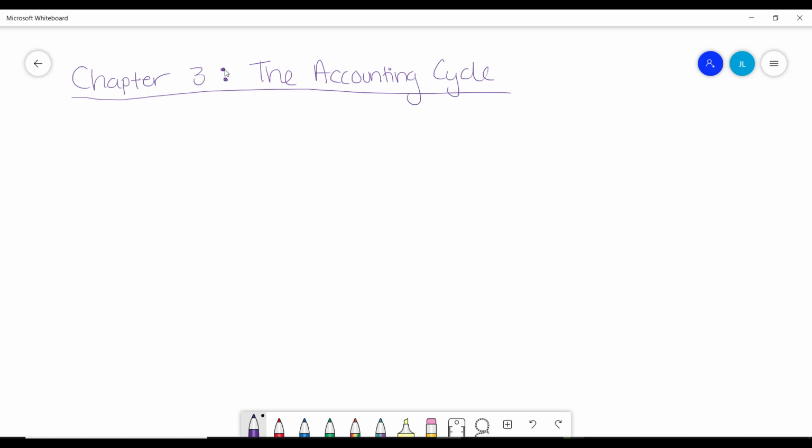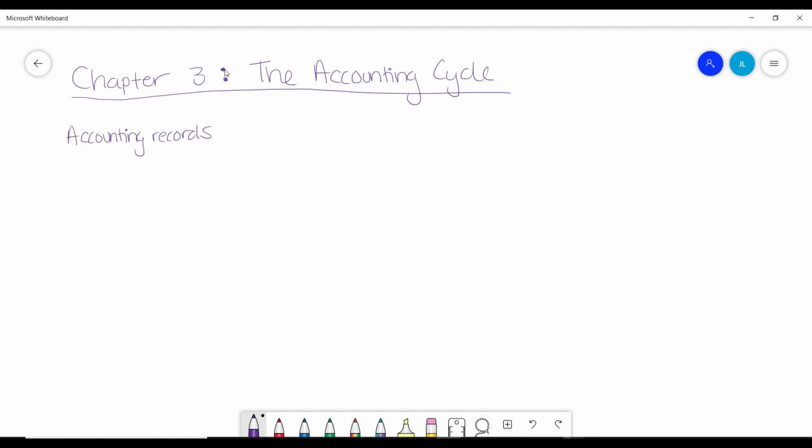So the focus of this chapter is going to be on the accounting cycle. Remember, we briefly talked about accounting records in Chapter 1. What are they used for? What makes them useful to those compiling the information?